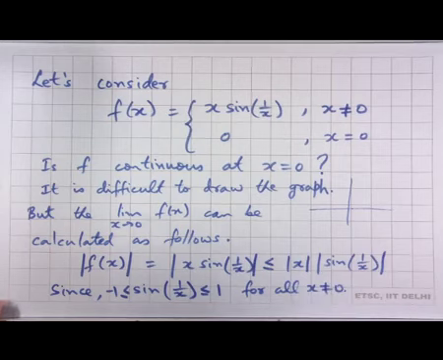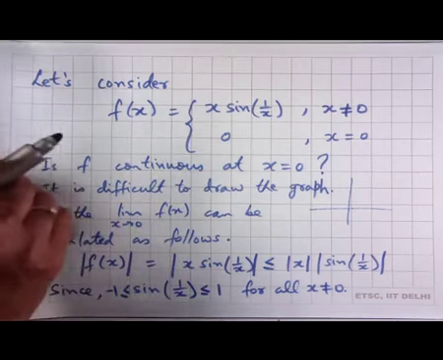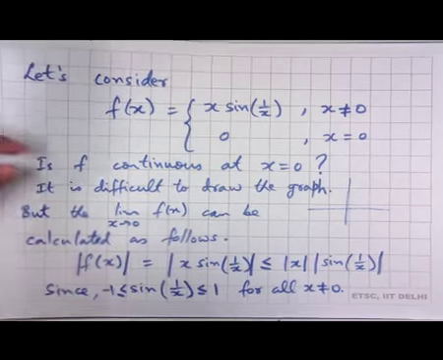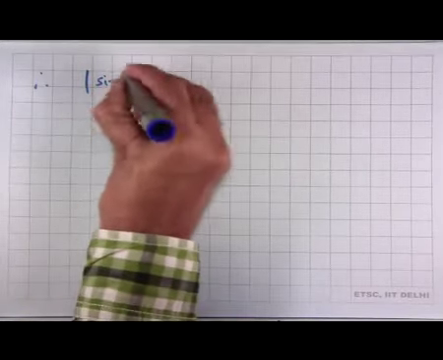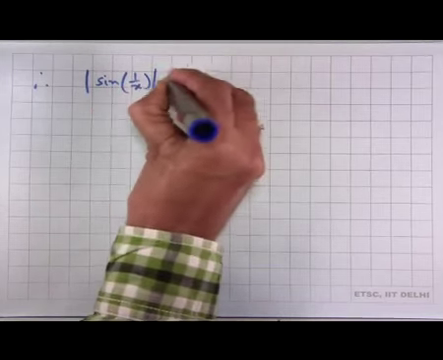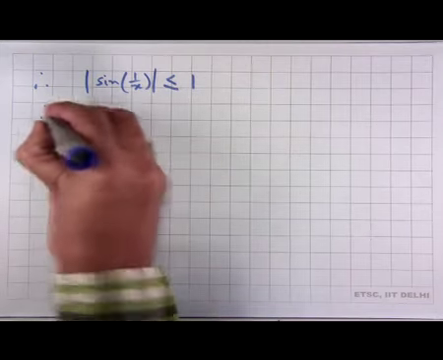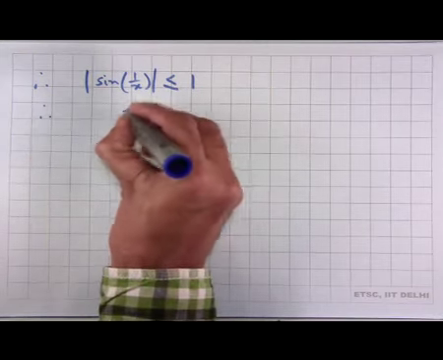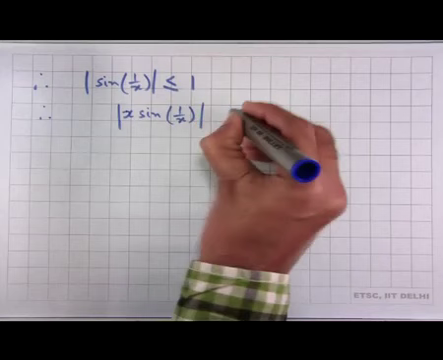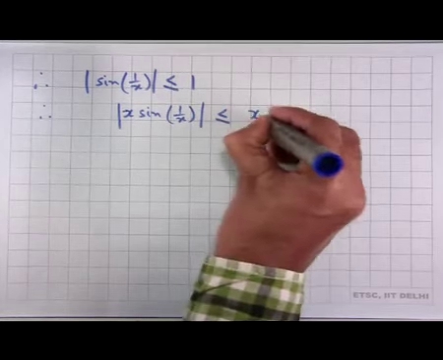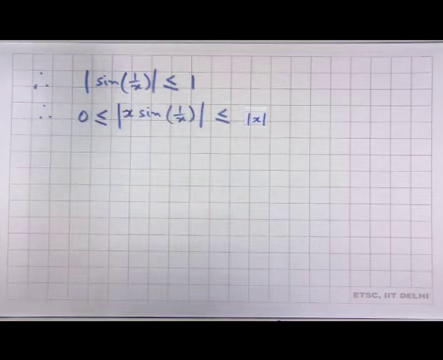Of course, for x equal to 0, sine 1 by x is not defined, but for any x not equal to 0, we know that sine of y is always between -1 and 1. Therefore, mod sine 1 by x is less than or equal to 1. Therefore, mod of x sine 1 by x is less than or equal to mod x, and of course, this is because we are taking the absolute value, mod, it is greater than or equal to 0.